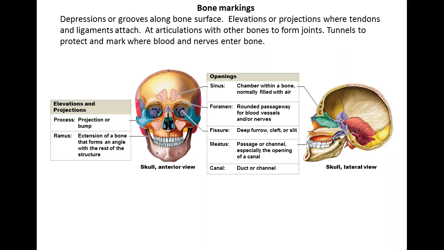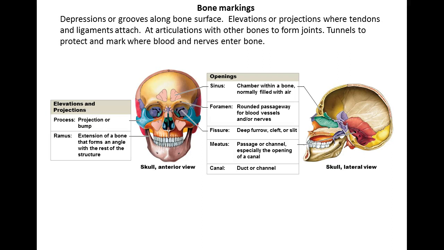A foramen is a rounded little hole, and generally for blood vessels or nerves. You have a fissure, which is definitely a slit, but a narrow one, and it has, I guess, an elevation. The surface is kind of roughed up in terms of a fissure.